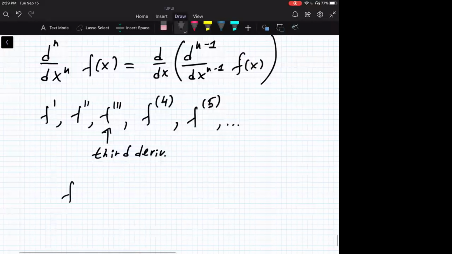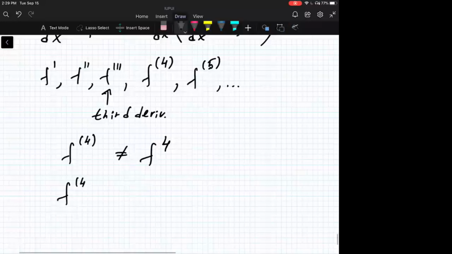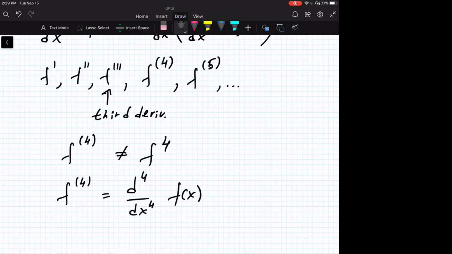So again, f to the power 4 with parentheses is not f to the power 4, but it is the fourth derivative of my function. Okay, so don't forget to write parentheses. That's a big difference.